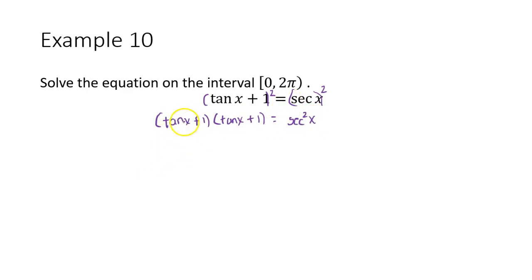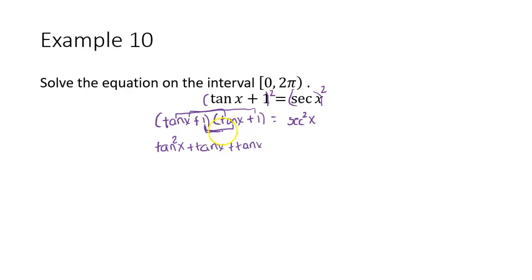All right, let's distribute here, or FOIL. The tangent times the tangent is going to give me a tangent squared. The tangent times 1 is going to give me plus a tangent here. 1 times a tangent is going to give me a positive tangent here.